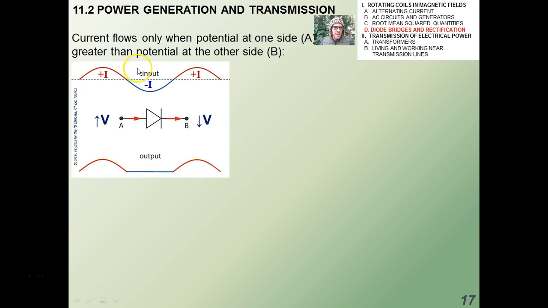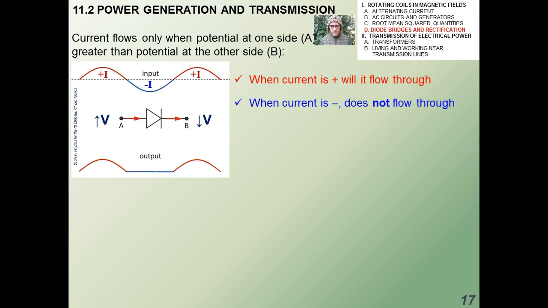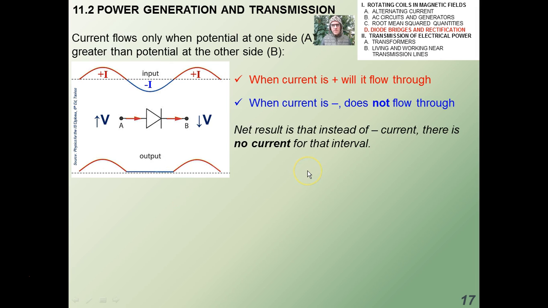The current against time graph will therefore look like this. When it's positive, it will be non-zero. When it's negative, it will be 0. So you have all these humps here, and then 0 current coming out the other end. The net result is that instead of negative current, there's simply no current whatsoever.